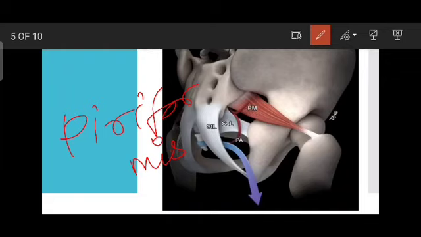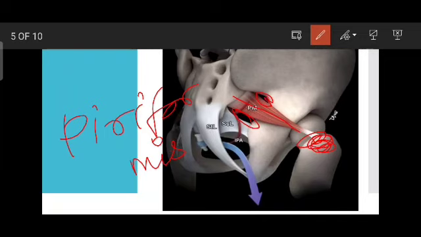The piriformis muscle originates from the anterolateral aspect of the sacrum and is inserted into the upper margin of the greater trochanter. This muscle separates the greater sciatic foramen into two parts, a part above this muscle and a part below this muscle.